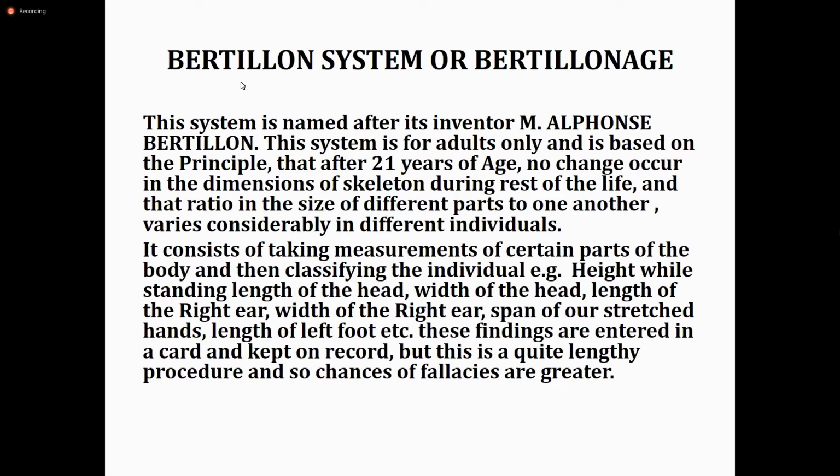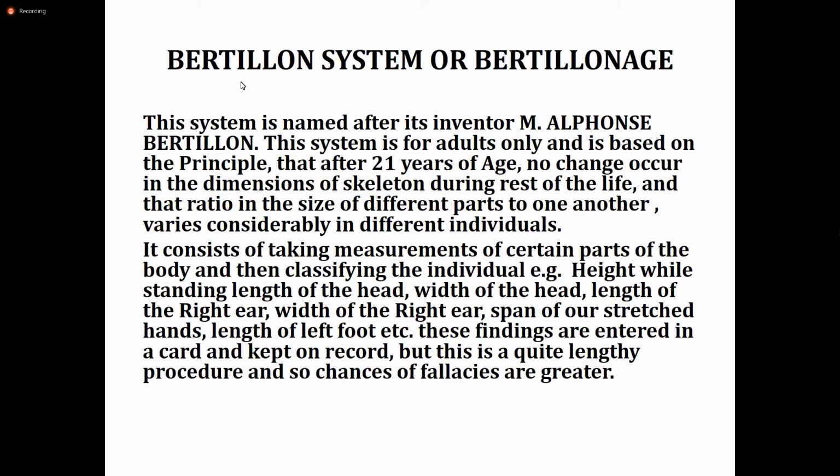This you can see is named after its inventor, M. Alphonse Bertillon, who was an assistant in the criminal investigation department in France. And according to him, there are certain measurements which are taken, measurement of the various parts of the body. And he said that these measurements do not alter after 21 years of age.